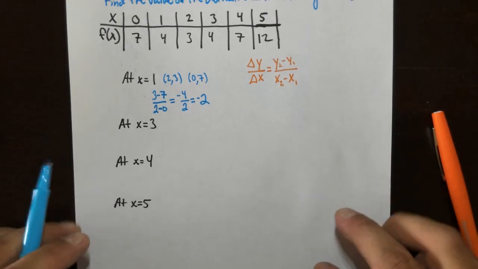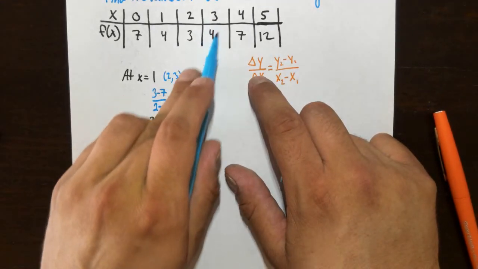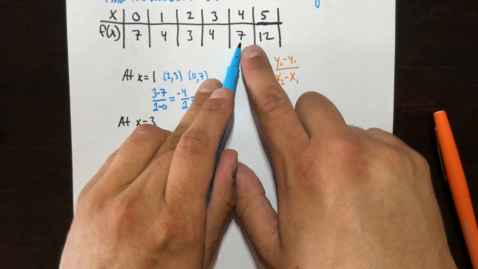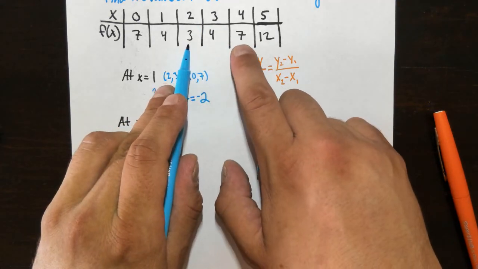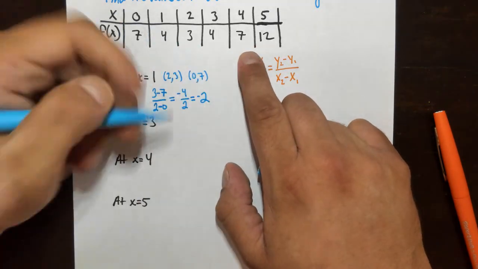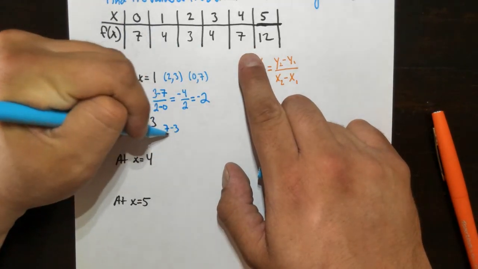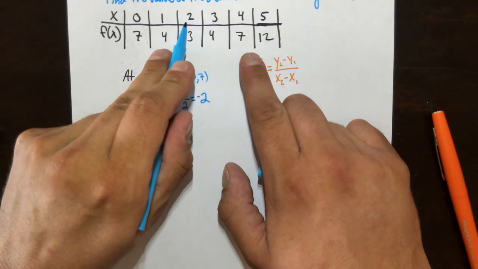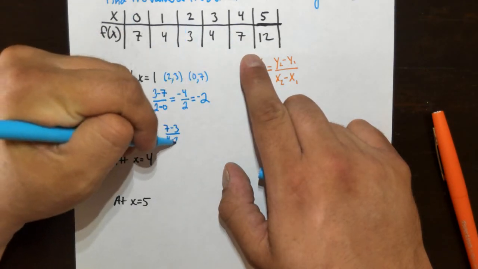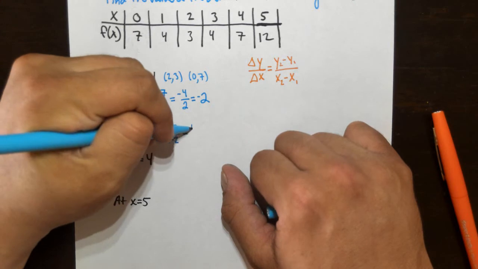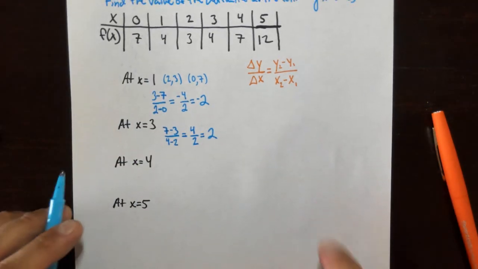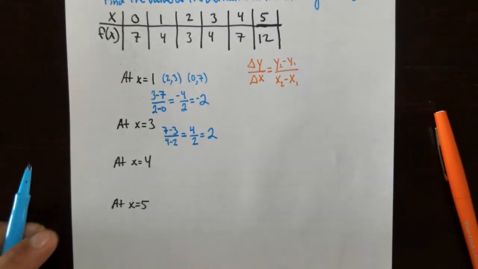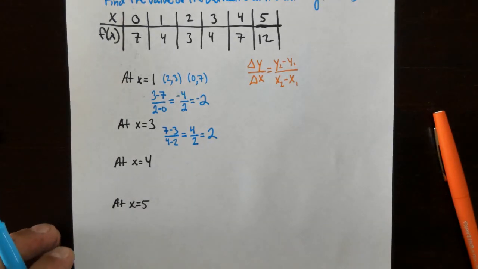So at x equals 3. I want to look at the point to the right of it and the point to the left of it. So I'm just going to take the change in my y, 7 minus 3 over 4 minus 2. Well, that's going to be 4 over 2, and that is 2. So again, the derivative at that point should be somewhere around 2, because that is the approximated slope.